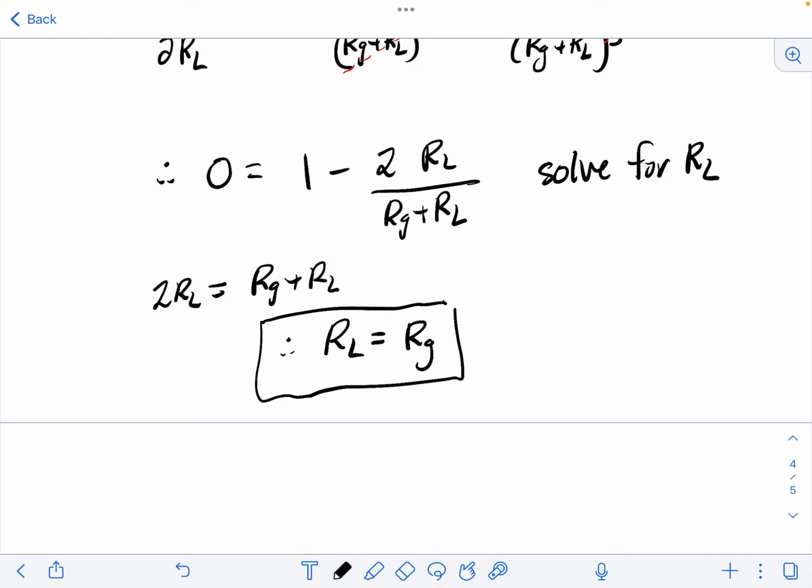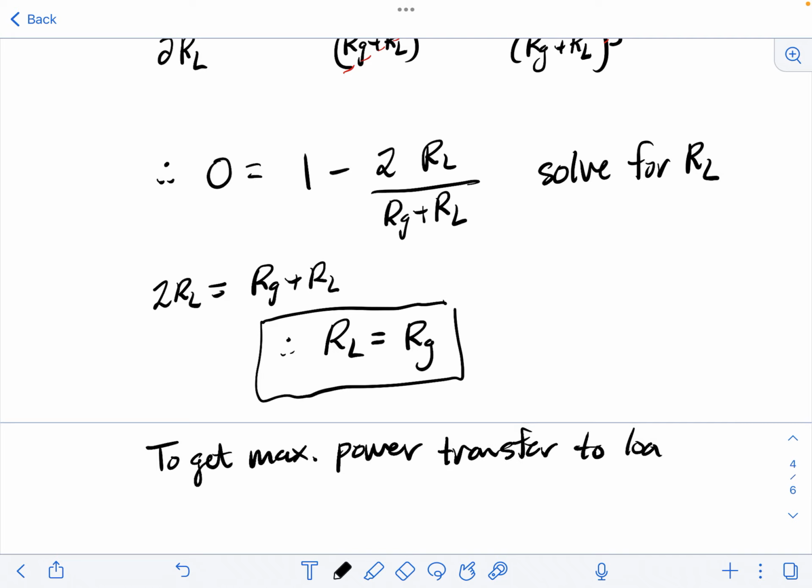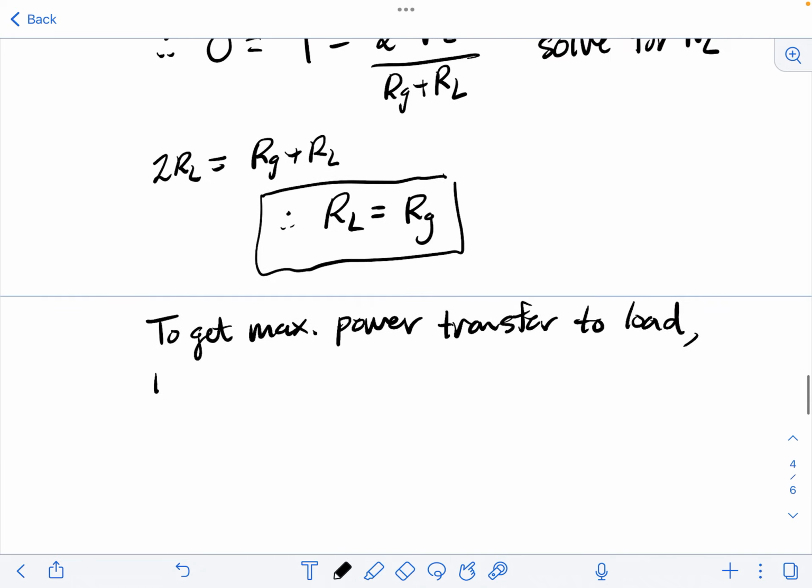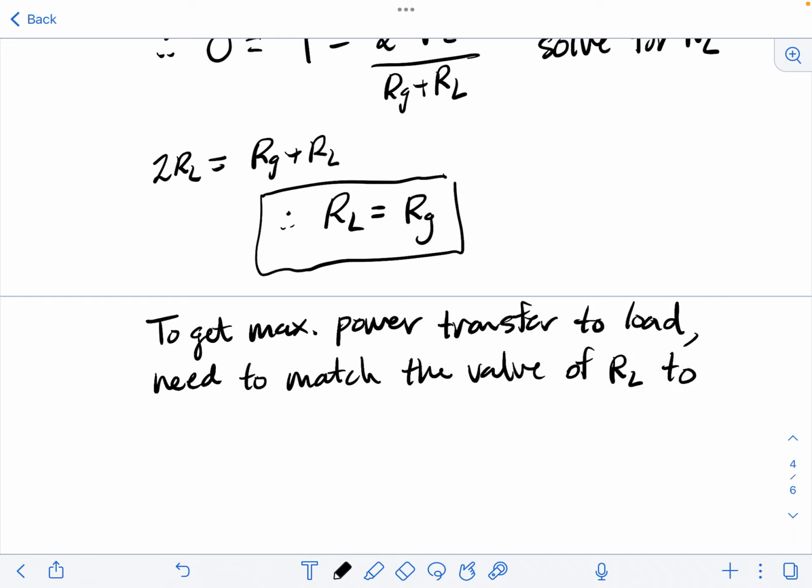So to get the max power transfer to the load, we need to match the value of RL to the output impedance or resistance Rg of the generator.